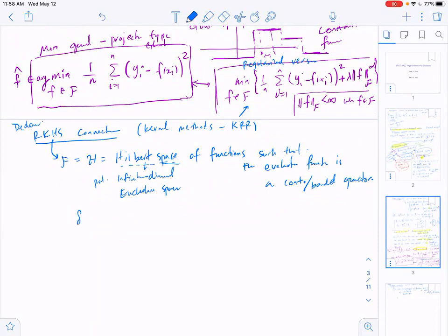An evaluation functional is a map from H to R, and when you apply it to a function in the Hilbert space, it outputs the value of the function at x. So if you evaluate the function at x, you can view it as an operation.